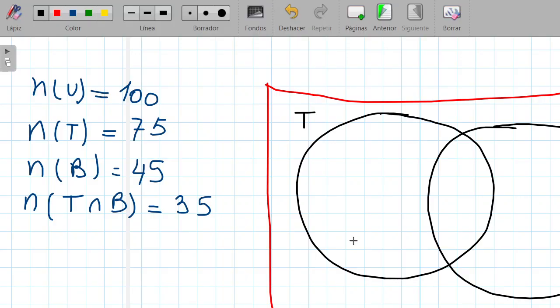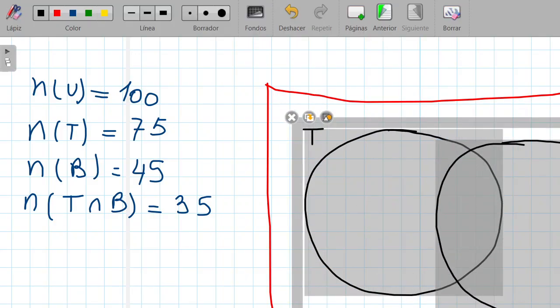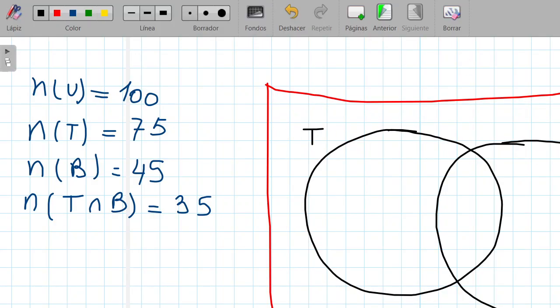Now, if we try to fill this Venn diagram, we are going to have television, bicycle, and we are going to start with the students who have both. The students who have both is 35. 35 students have both television and bicycle.